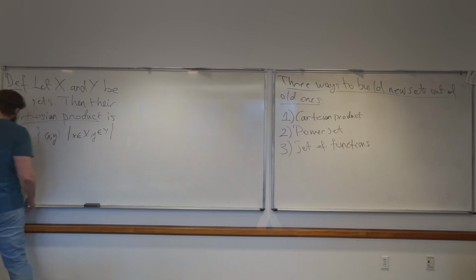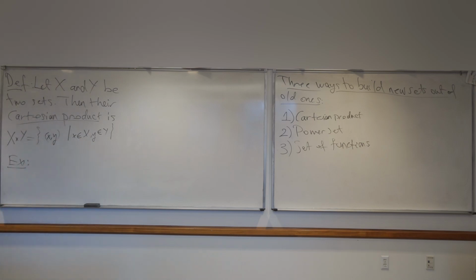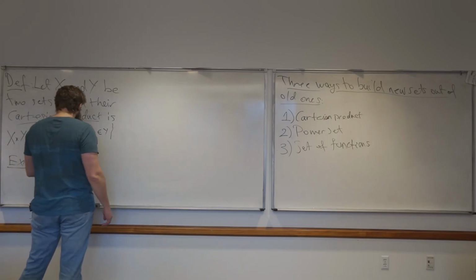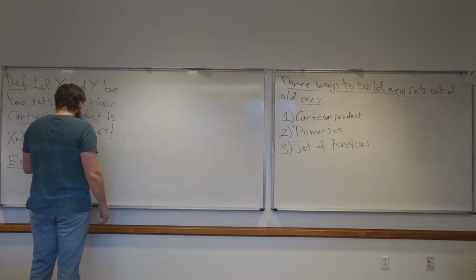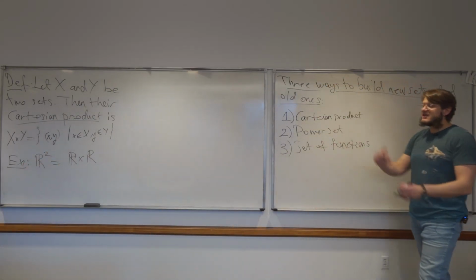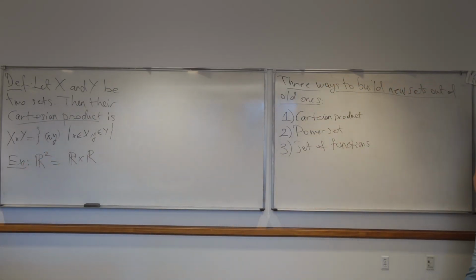Of course, perhaps the best example of this is something like the plane. R2: when you're writing R to the 2 to represent the plane, you're saying R multiplied with itself in this sense. Of course, R^n is this done many times, and so on.